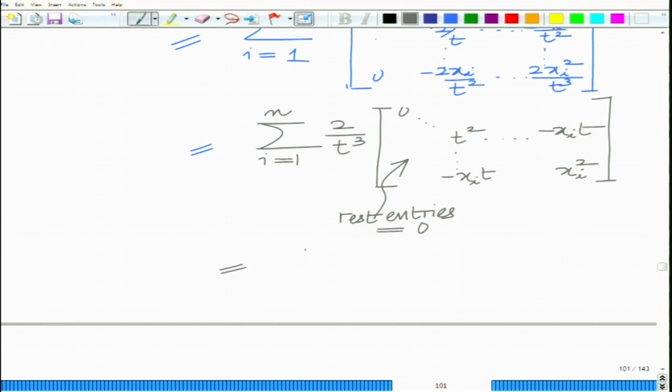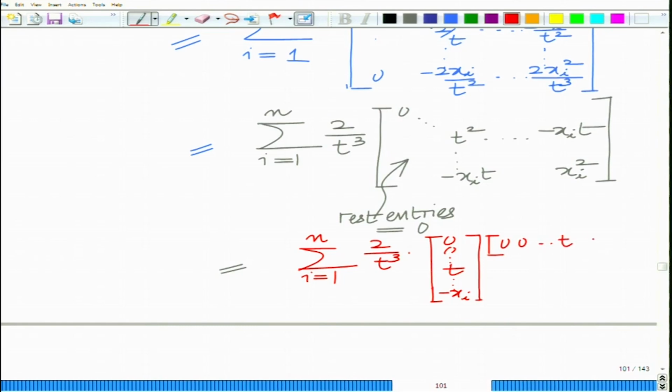And now you can see I can decompose this as the summation from I equal to 1 to n of 2 over t cube times a vector with 0s, then a t in the ith position and minus xi in the n plus 1th position, times the same vector transposed.